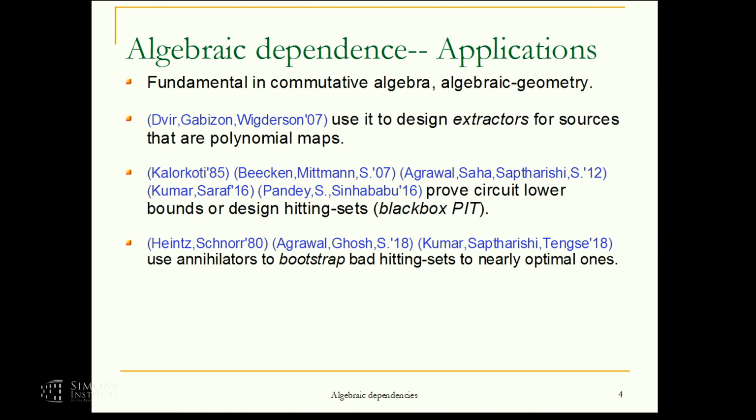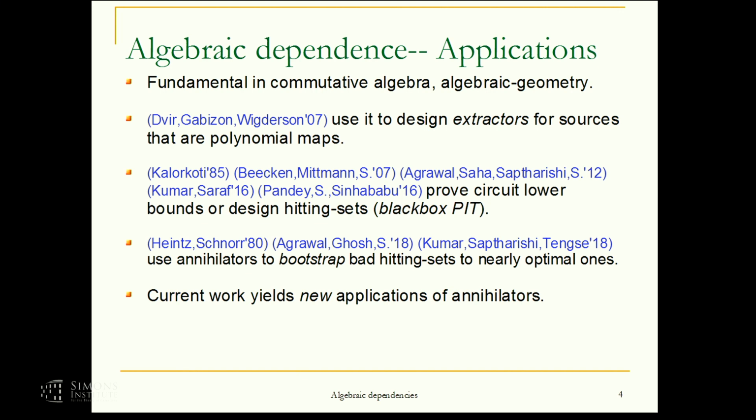Specifically, the concept of annihilators was already there in Heintz and Schnorr, and recently it has been used to prove bootstrapping of variables results for hitting sets. This work gives another application of annihilators, which will be to solve the question of ZC.